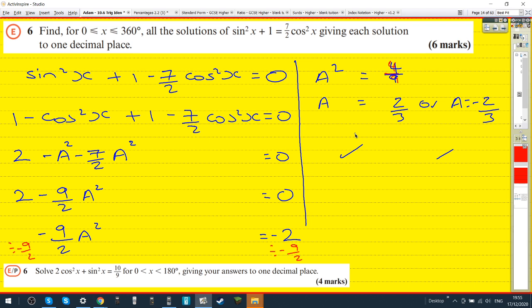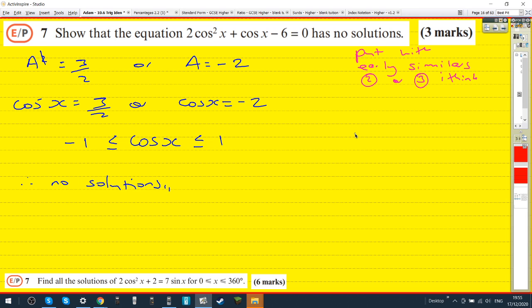When do you not get solutions? When the number that a is equal to is either too big or too small for the range of 1 and minus 1, which is the graph. Yep. There was another thing I was expecting, which is a quadratic that can't be solved.